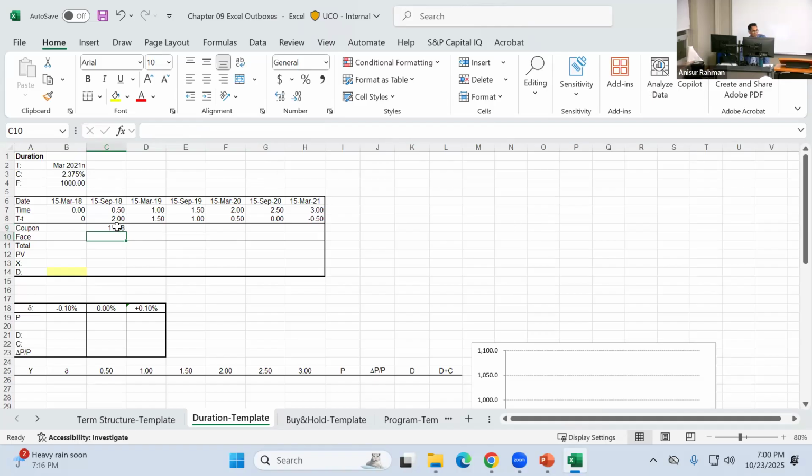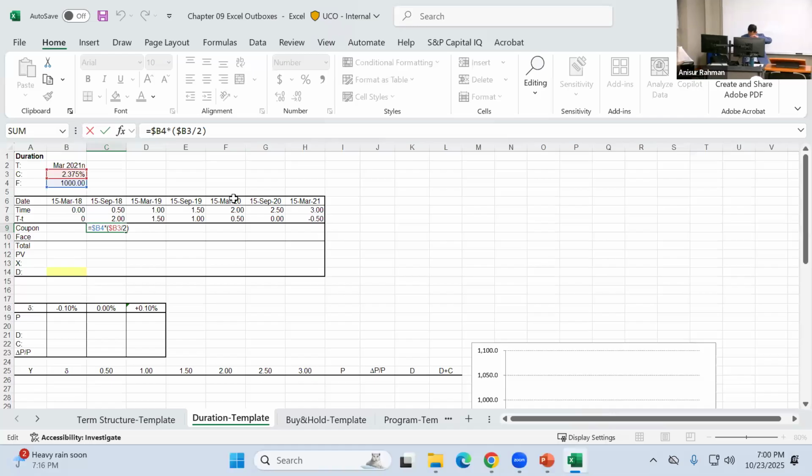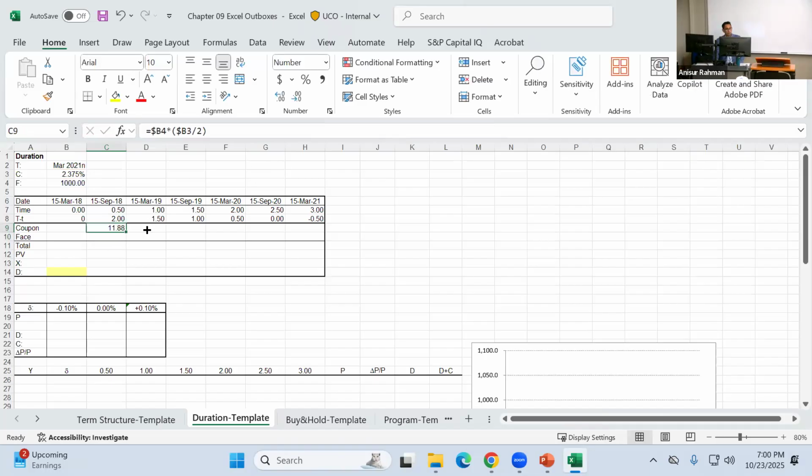So the formula. Now, we'll pull across without formatting.